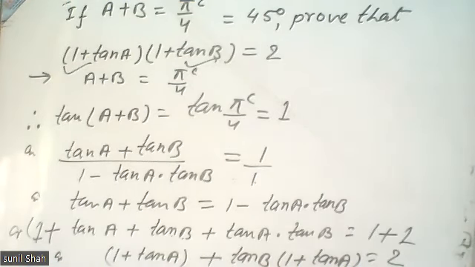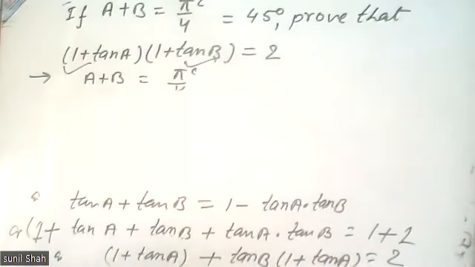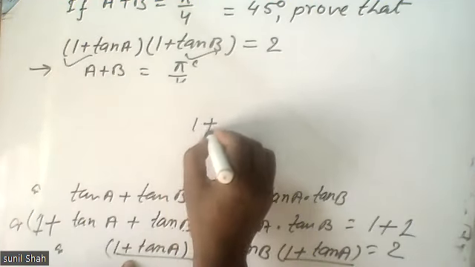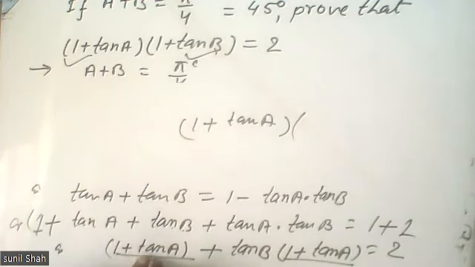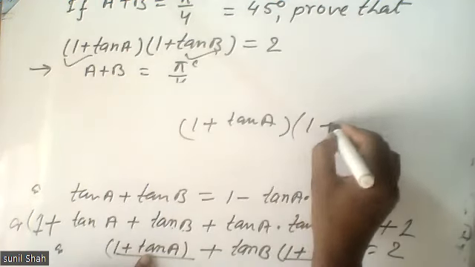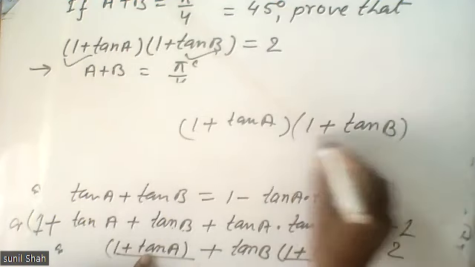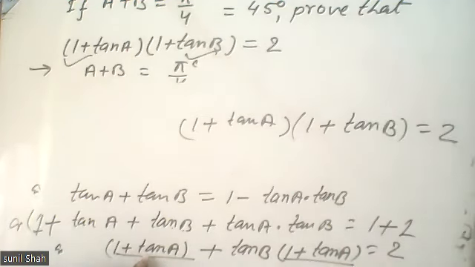Now the last line, and then we prove this. Taking tan A common again, we'll have 1 plus tan A common, and 1 remains here, tan B remains here, that is 2. Proved.